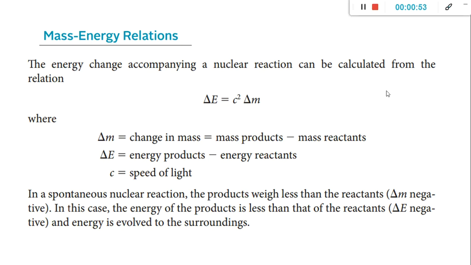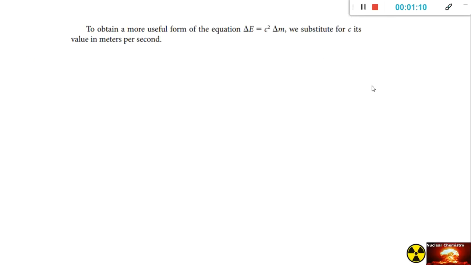In a spontaneous nuclear reaction, the products weigh less than the reactants. In this case, the energy of the products is less than that of the reactants, and energy is evolved to the surroundings. To obtain a more useful form of the equation delta E is equal to delta m c squared, we substitute for c its value in meters per second.